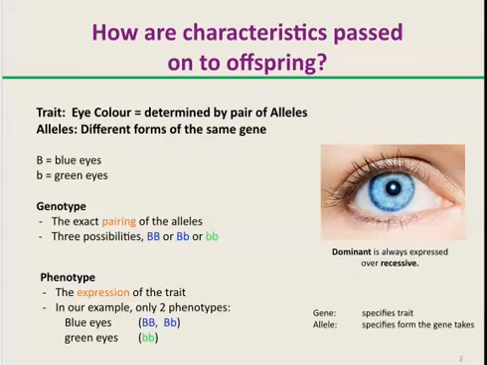As you see under genotype there can be 3 possibilities, but there are only 2 possibilities for the phenotype, because the first 2 are blue and the next one is green. So it's important to remember the gene specifies the trait and the allele specifies the form that the gene takes. That'll become more clear as we go through this chapter.